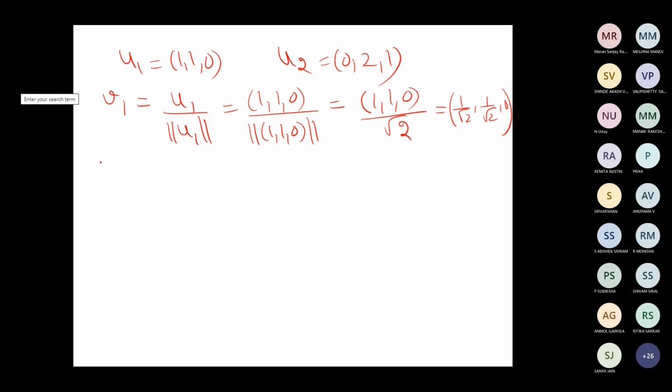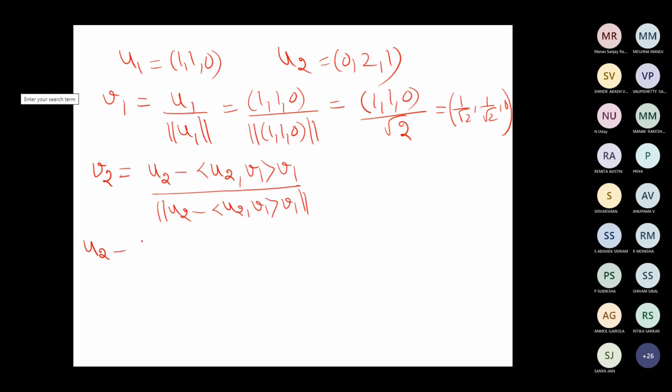Okay, so what is V2? How to find V2? You remember the formula? V2 should be U2 minus the inner product of U2 with V1 into V1, divided by its norm. So U2 is (0, 2, 1) minus the inner product of (0, 2, 1) with V1 into V1.